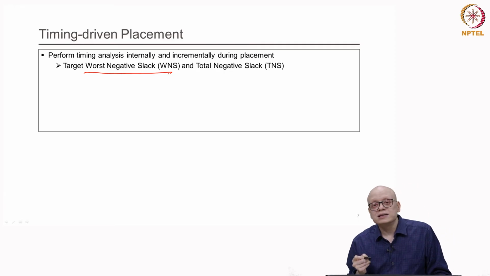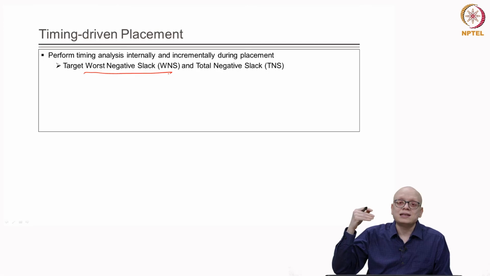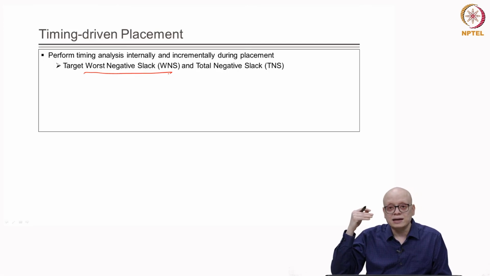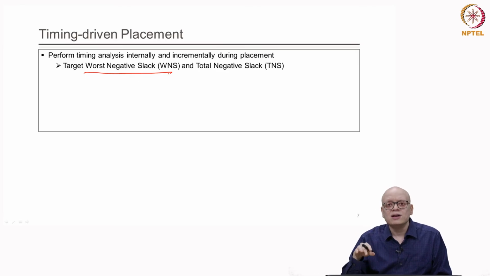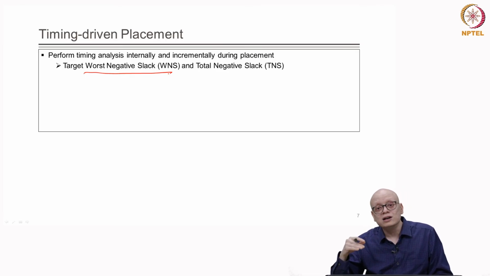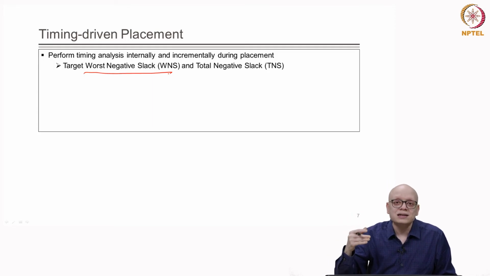The worst negative slack means that, given a design, what is the worst slack of our design. There will be many paths which may have a negative slack. Out of that, the one which has the most negative slack is the worst negative slack, and that is the path which must be targeted first.